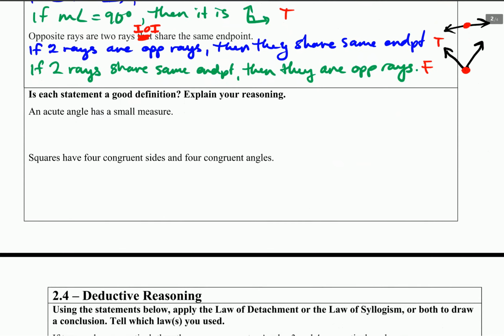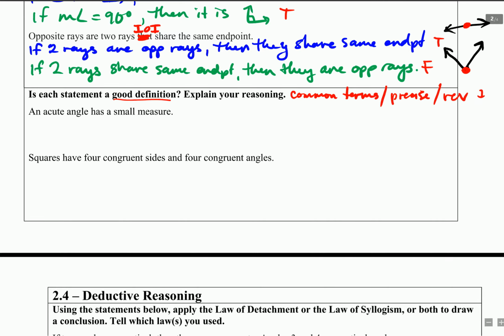Oh, and the end here, the last two problems. We are doing good definition. So we have three criteria for good definition. They use common terms, they are precise, and they are reversible, right? Biconditional.